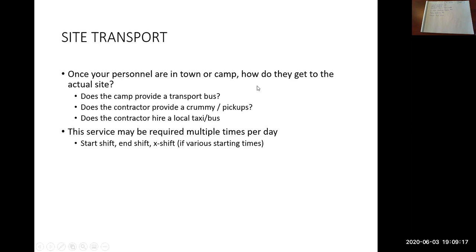If we look at the camp scenario first, you fly them up to the town and maybe they take a taxi to the camp. Does the camp provide transport to the job site? Maybe they have buses, for example. Typically that bus cost would be included in the camp price per day.